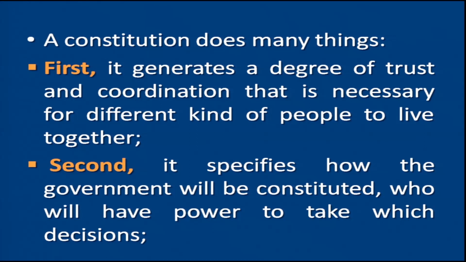Secondly, it specifies how the government will be constituted, who will have power and to take which decision. Because when different kinds of people come together and accept some rules and regulations, it is natural that some confusion will arise. What confusion?